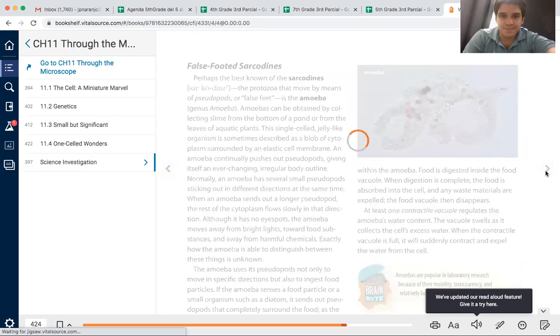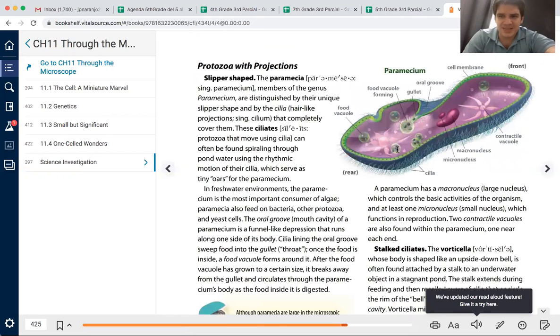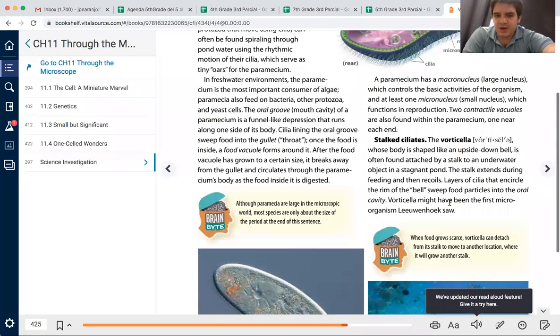Okay. And so this is talking about different single-celled organisms, all right? And you'll read more about it. And this is the paramecium, which are certain types of single-cell organisms, and they're broken down in different groups because they're not all the same, right?